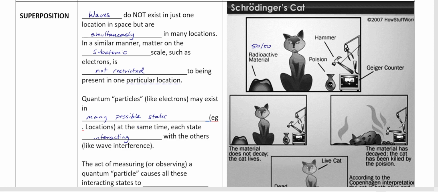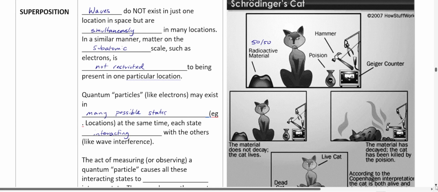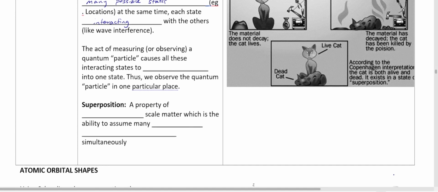And when we say each state interacts with each other, some states do so constructively, and so there's a very high probability of them being in that location. And some states destructively interfere with each other, and there is a 0% probability of them being in that location. But there are multiple locations possible and coexisting for the electron. That is superpositioning.